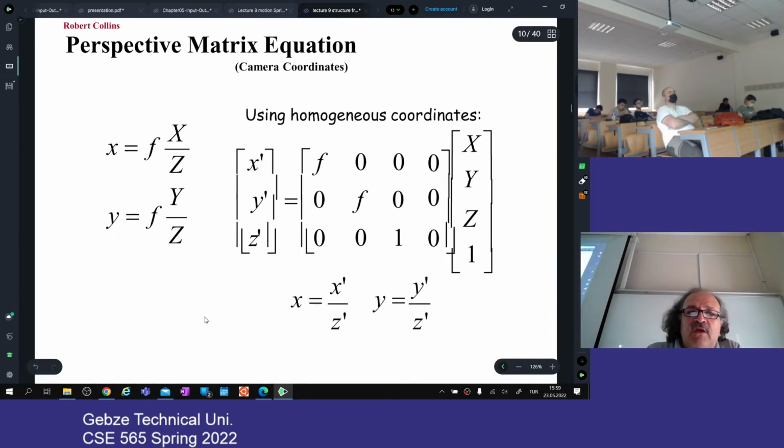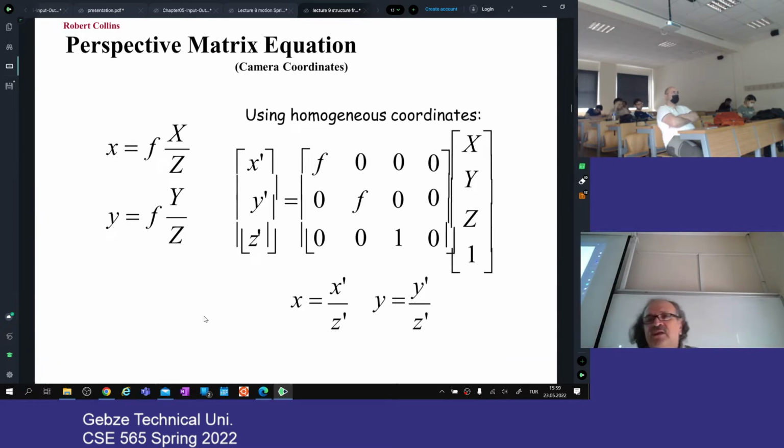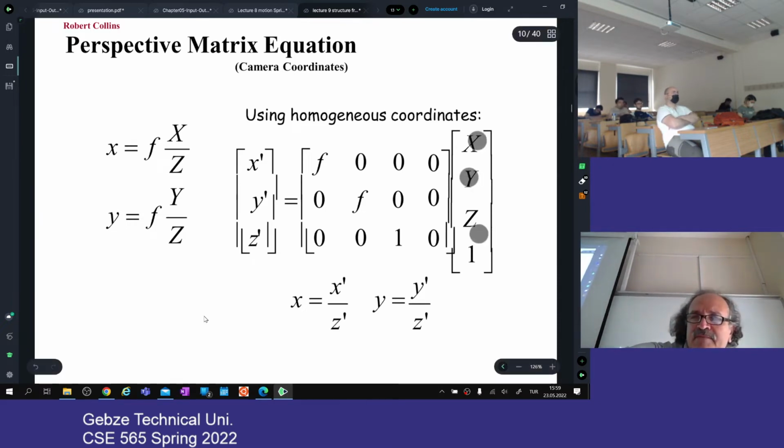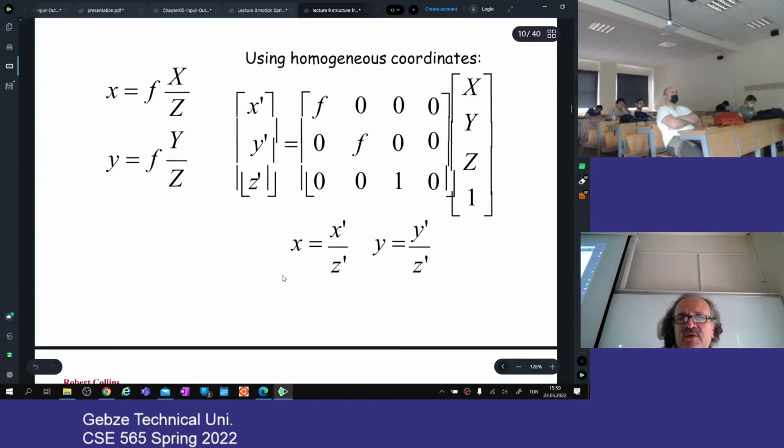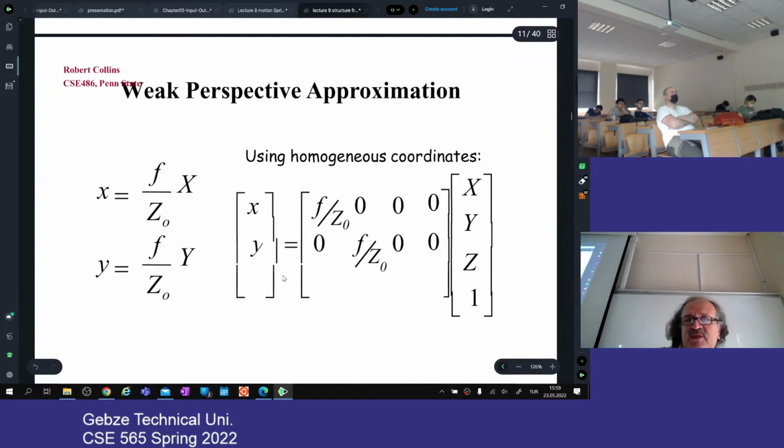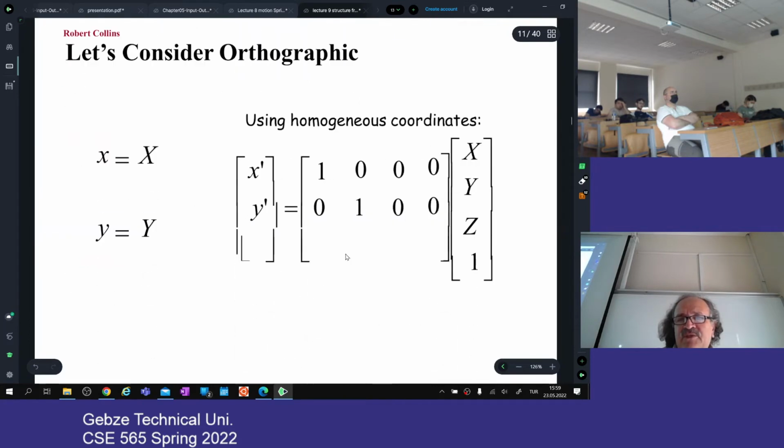So this was the original projection, remember, from the camera coordinate system to the image coordinate system. F and 1 is doing the projection. And in the homogeneous coordinate system, x prime over z prime is this. But with our new assumption, it dropped down to this.